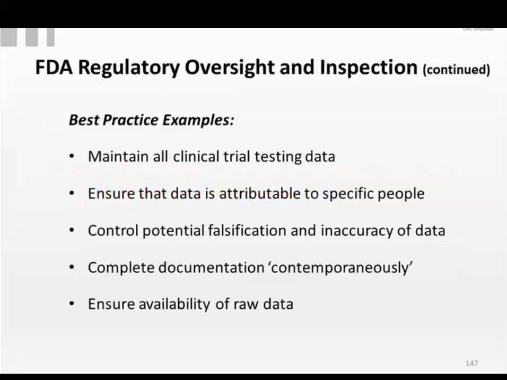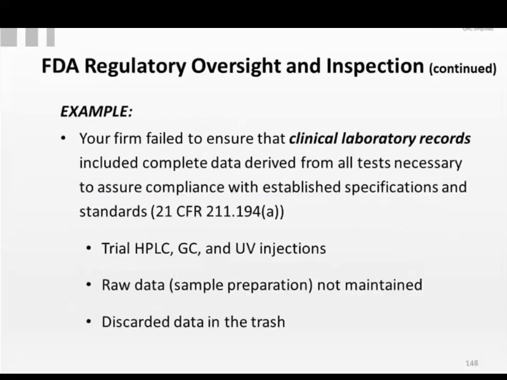Now, some best practice examples: maintain all clinical trial testing data, ensure data is attributable to specific people, make sure there's no opportunity for falsification or inaccuracy of data, complete documentation contemporaneously, and ensure raw data is always available, or original documentation.